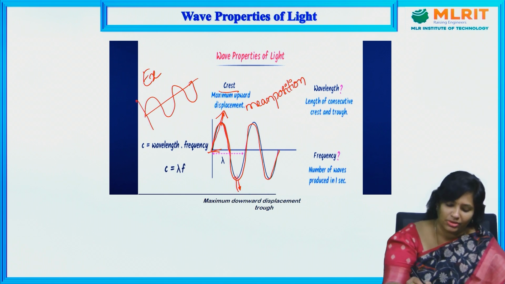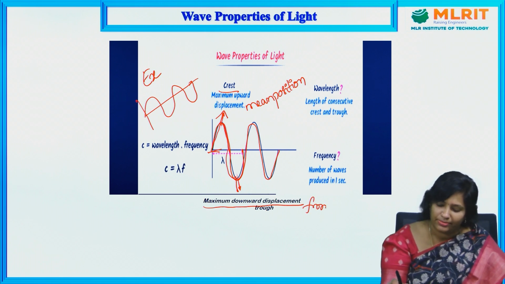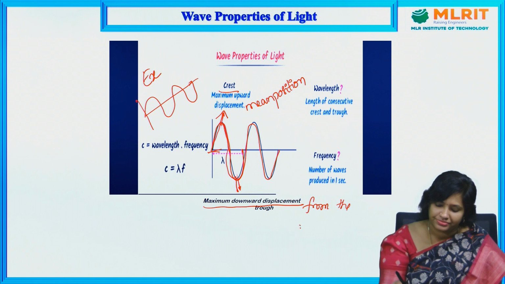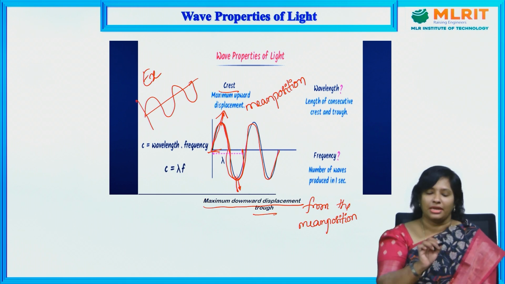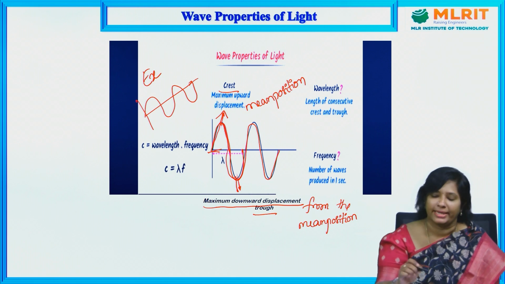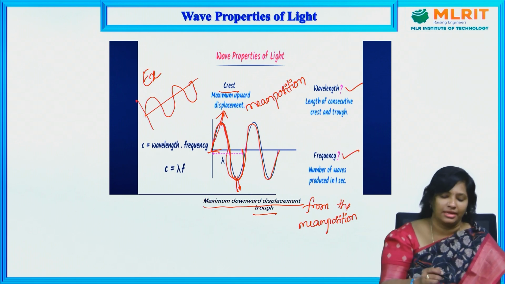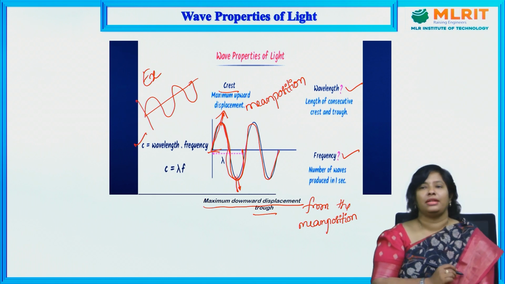And this down part, the maximum downward displacement from the mean position, is called trough. Now, from this wave, we will study the different properties like wavelength, frequency, and speed of light.